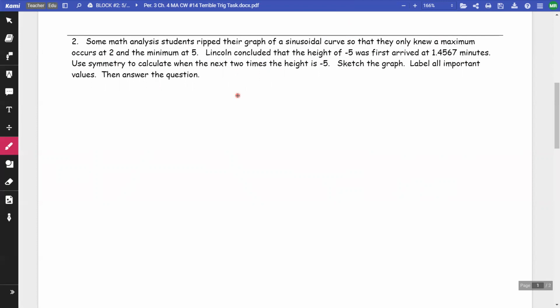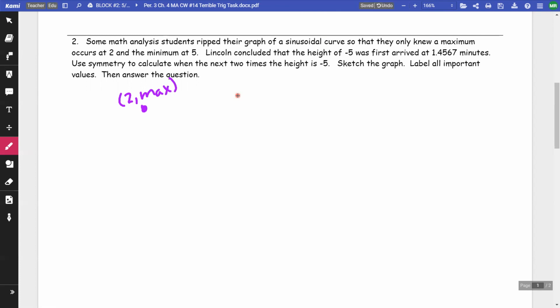So for this one, I'm not going to draw an X or Y axis, okay? I am just going to draw a curve, and let me just kind of start at my high. Okay, so let's say that this is my high. Don't know what it is, but I know it's 2 comma whatever my max is going to be. Okay.